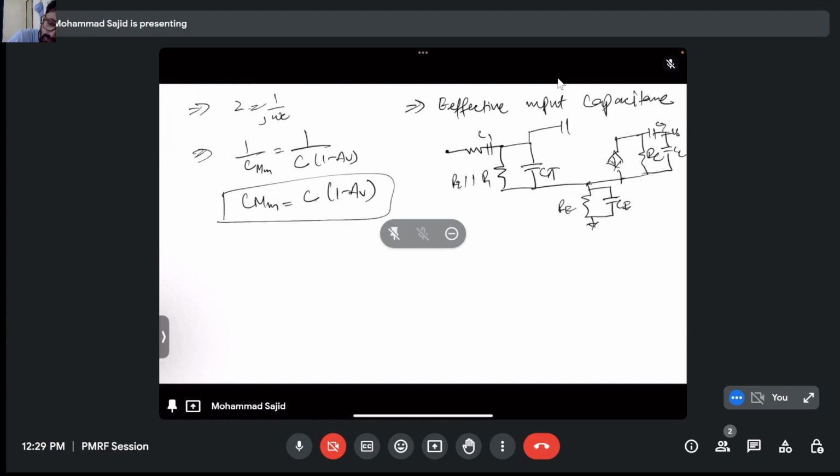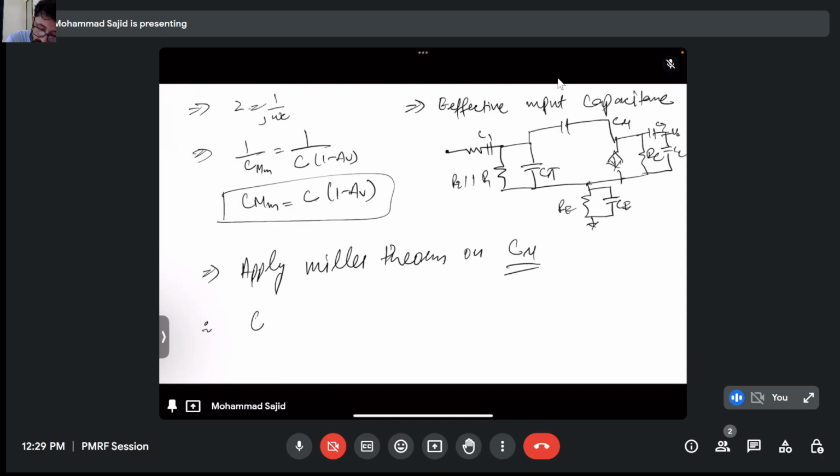And this is C mu here. So you have to apply Miller theorem on C mu. Therefore, your total input capacitance will be, when you apply the Miller theorem on C mu, you will get the capacitance here, C mu dash.